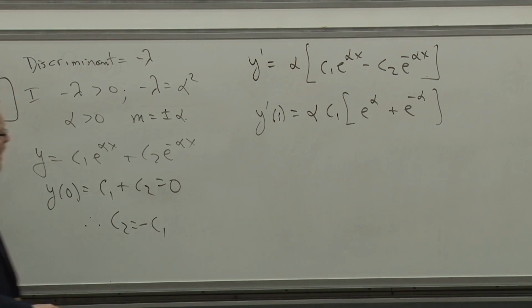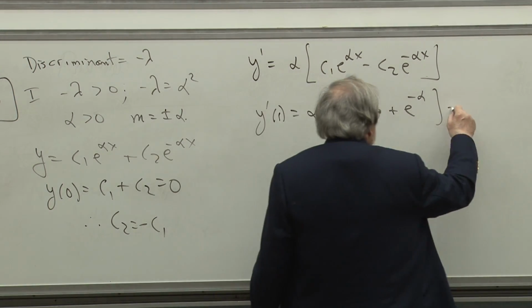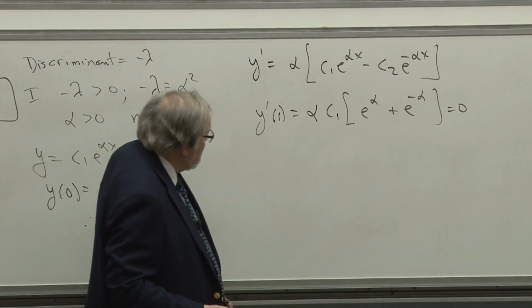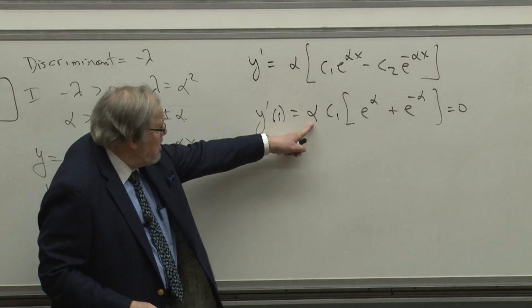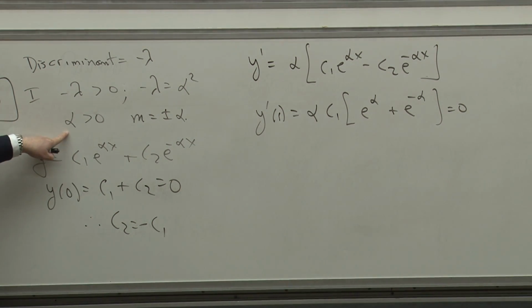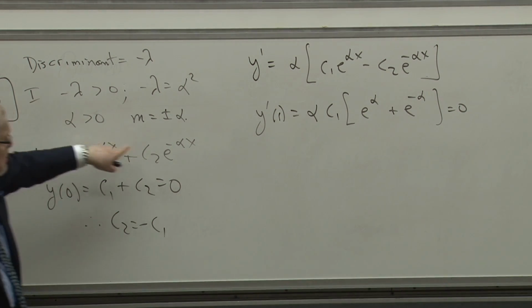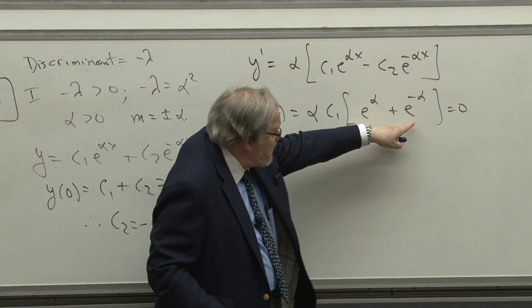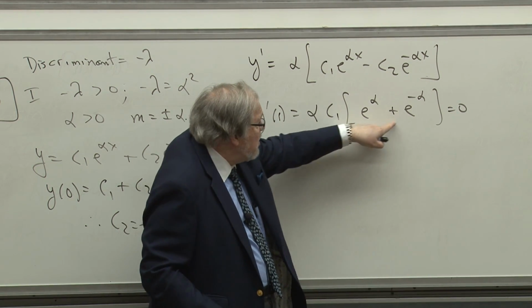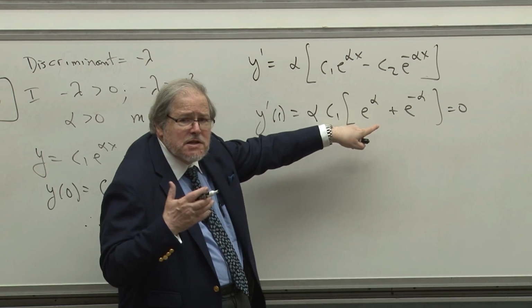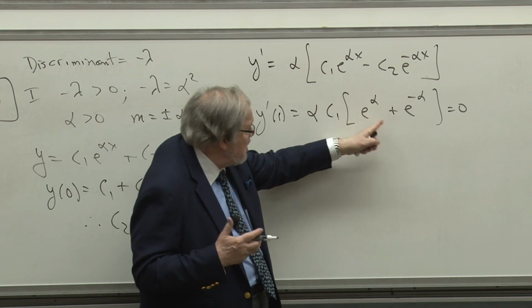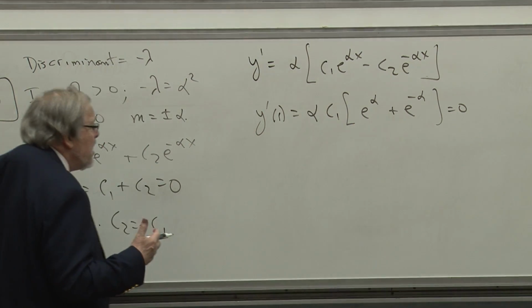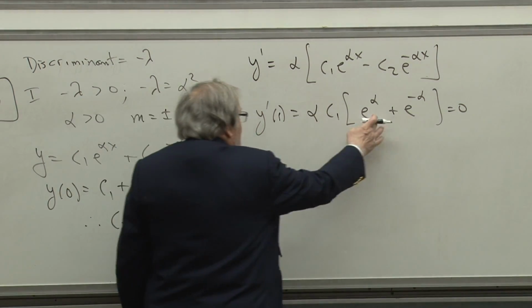So I get that this combination must be 0. Alpha, by hypothesis, is not 0. The exponential function is non-negative, so the sum of two exponentials is a positive quantity. It's not only not 0, it's in fact positive. So is alpha.